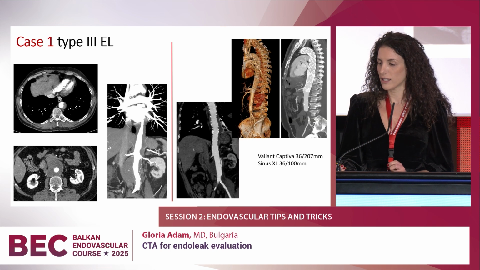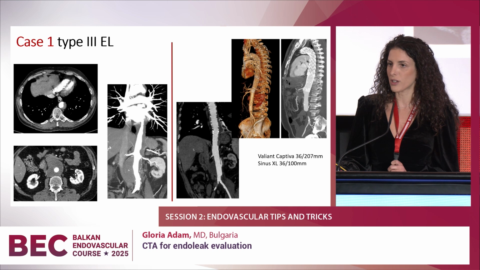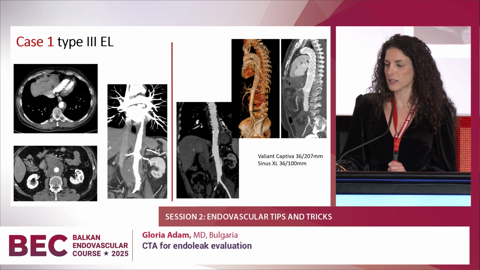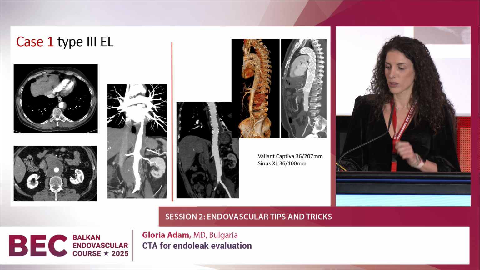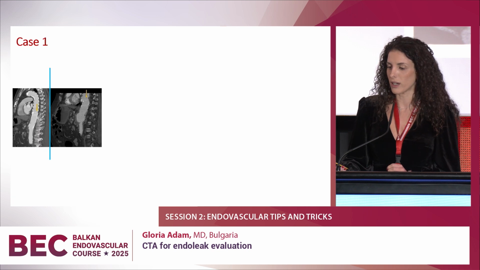So it was decided that it will be a 2-step procedure, surgical of the abdominal aorta with a tube graft. And after that was placed Valiant Captiva stent graft and sinus XL graft, and also the left renal artery was dislocated, the ostium lower, because there was stenosis at the ostium of the left renal artery.